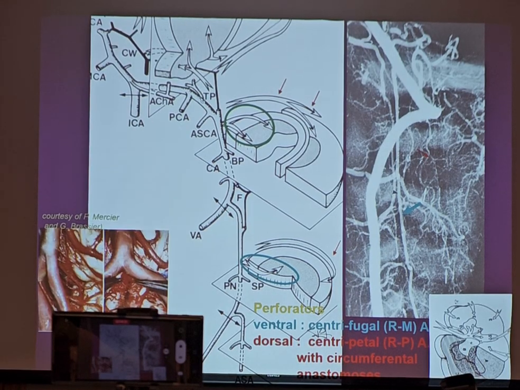So the nice picture that Philip will show quite a lot is the ventral piercing through the ventral sulcus, the perforator system, the important one, the ventral system.